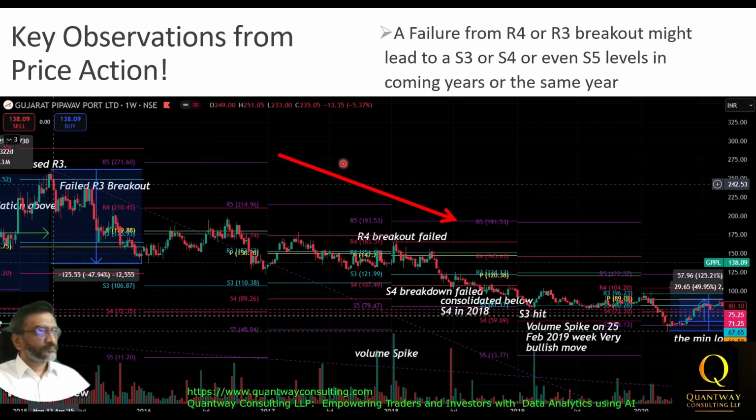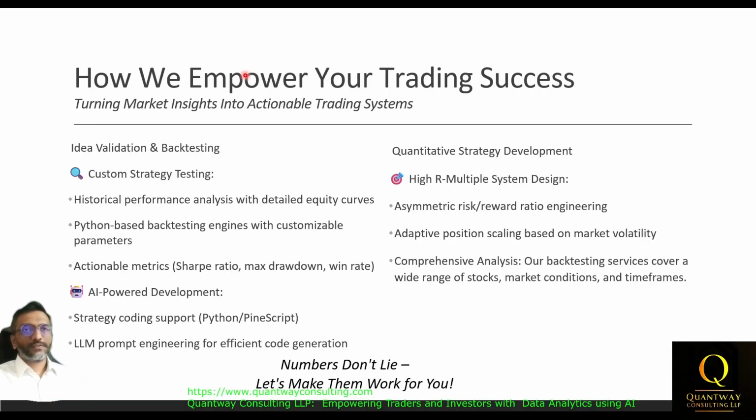Next, we have another key observation: a failure from R4 or R3 breakout would lead to S3 or S4 or even S5 levels in the upcoming years or in the same year. So we saw that a failure in R3 led to a severe fall of around 45% in the stock price. And if we had just moved out of it at R3, the drawdown would have been avoided. So these are some key observations.